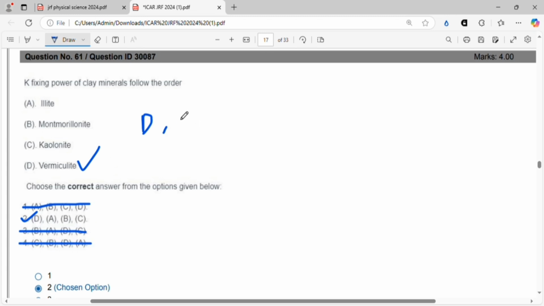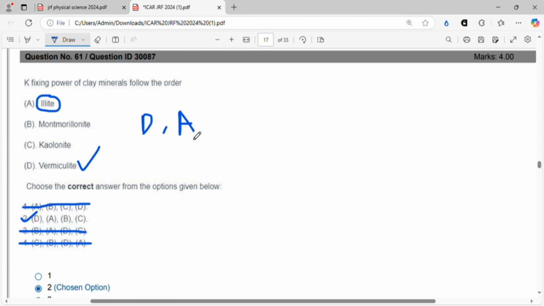So after D, it will be illite, because you know illite contains a large amount of potassium. Illite is nothing but hydrous mica. So if you read the mica weathering section from the new ISSS, there you will see that mica contains around 10% potassium, whereas hydrous mica or illite contains around 4 to 6% potassium, and it has also got a pretty high K fixing power.